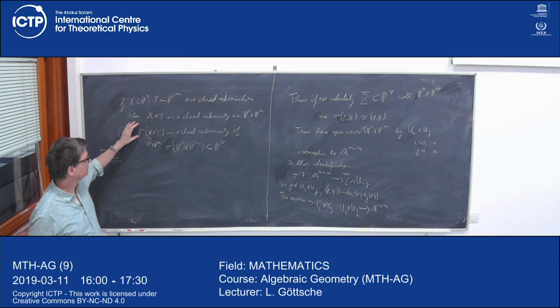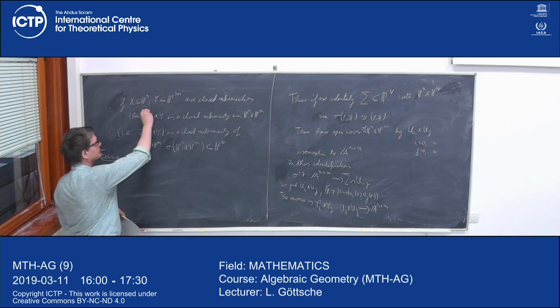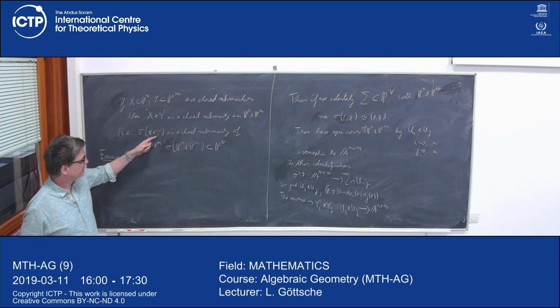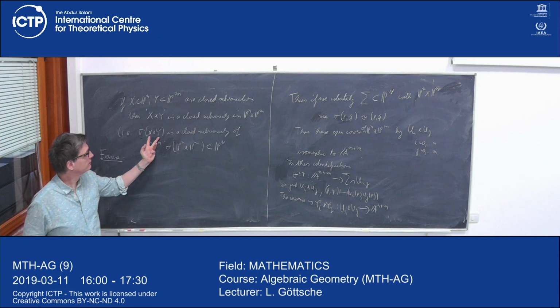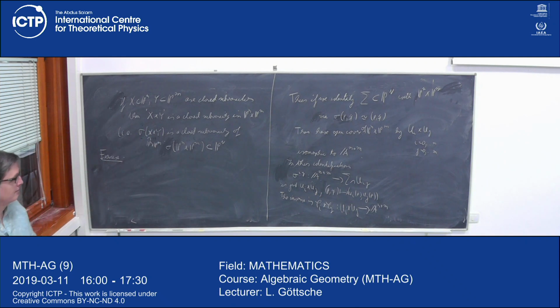So I pretend that sigma is the identity, but by x times y I mean the set theoretic product, and by sigma here I mean the image in Pn times Pm, which we want to see as the categorical product, in the sense of fulfilling the universal property.